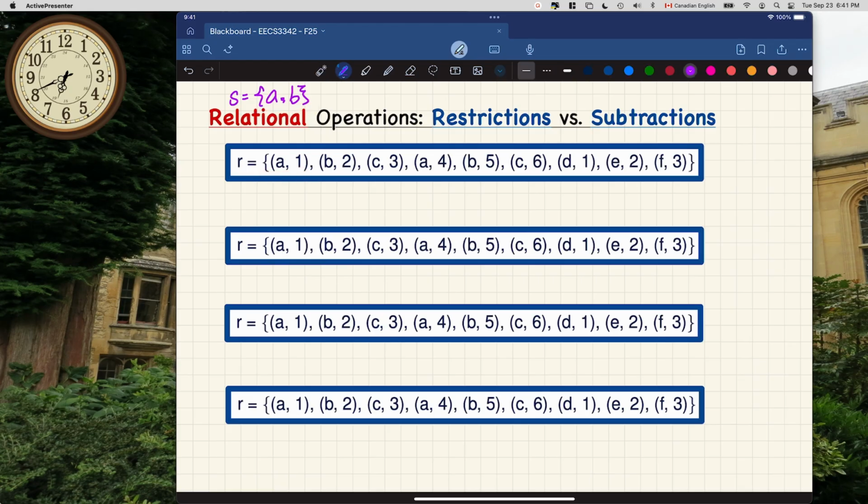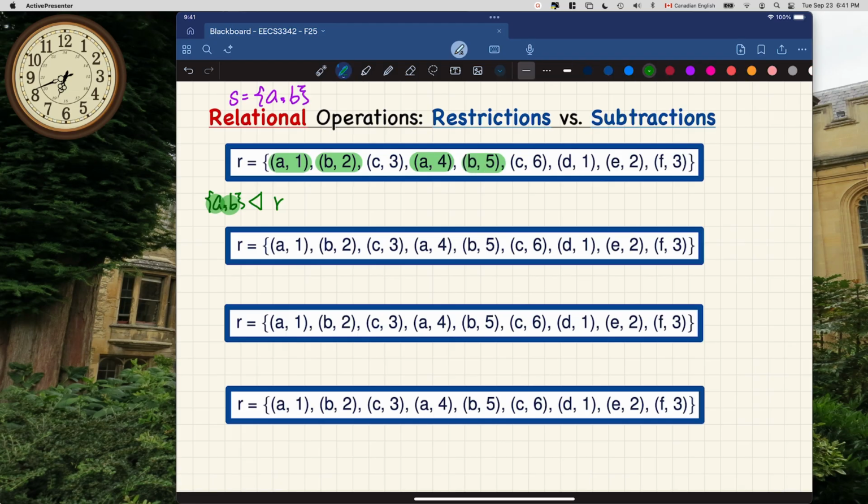The first one: if I say R domain restricted to AB, what that means is I'm going to filter, selecting all the pairs where the first element matches either A or B. I got this one here, this one here, this one here.